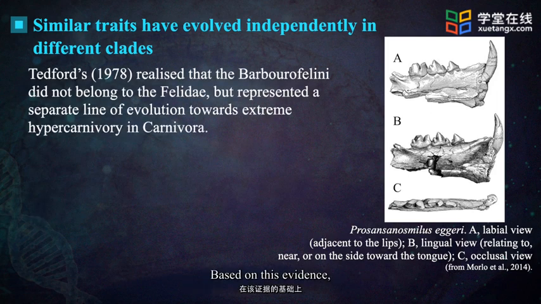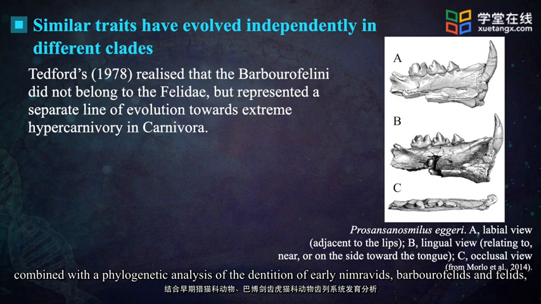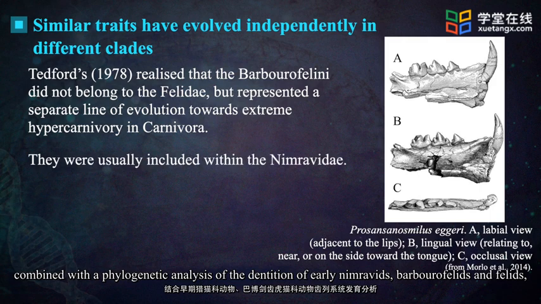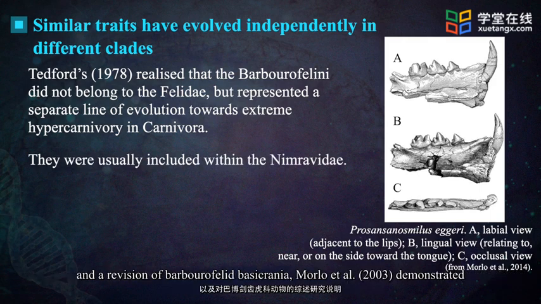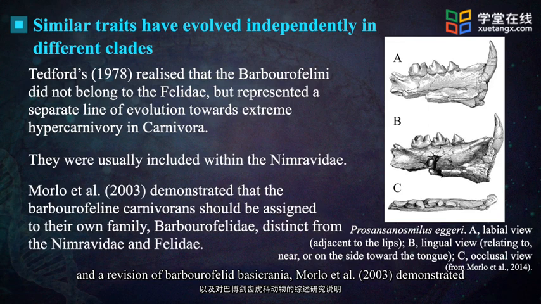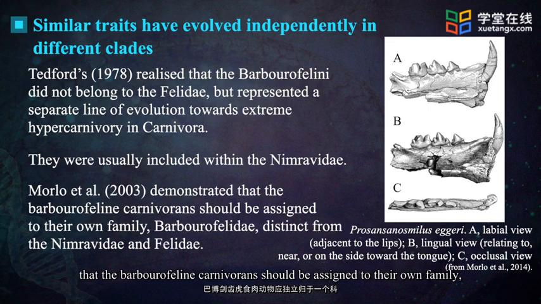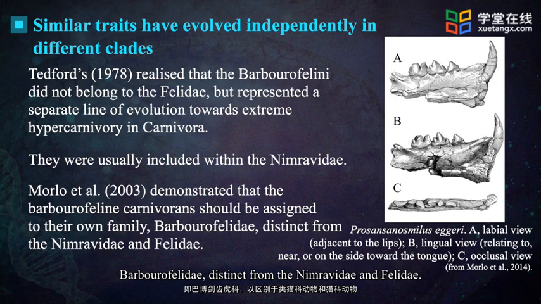Based on this evidence, combined with a phylogenetic analysis of the dentition of early nimravids, barbourofelids and felids, and a revision of barbourofelids' basicrania, Morlo et al. 2003 demonstrated that the Barbourofelinae carnivorans should be assigned to their own family, Barbourofelidae, distinct from the Nimravidae and the Felidae.